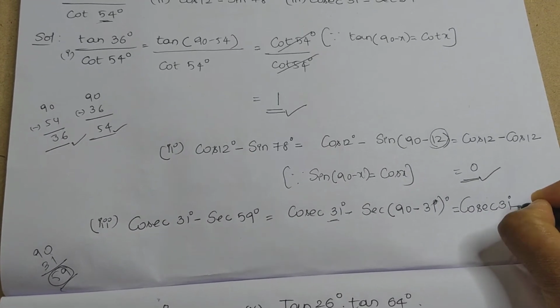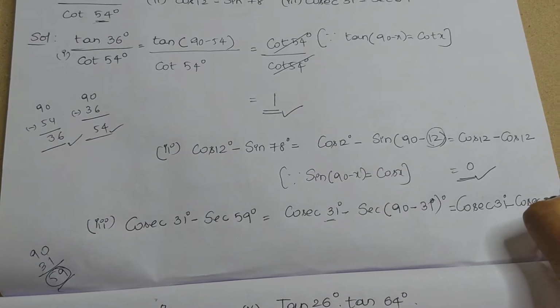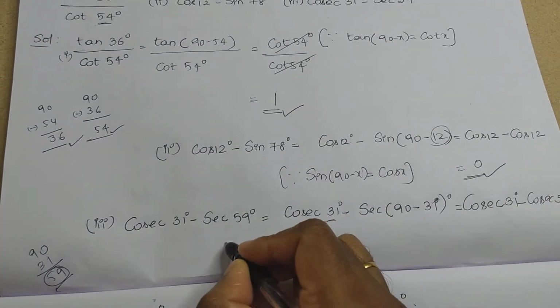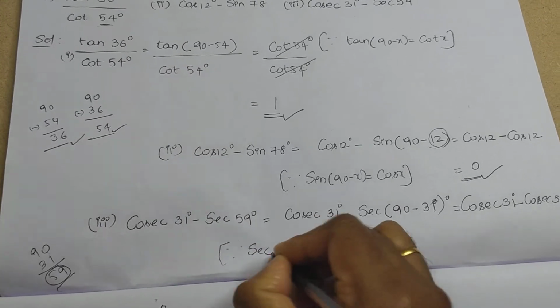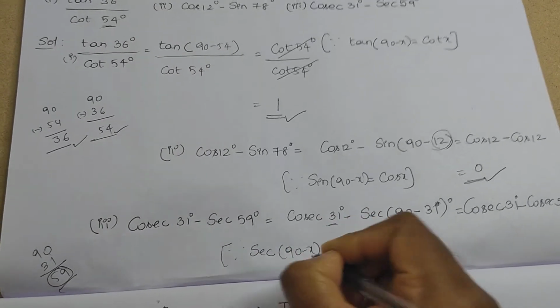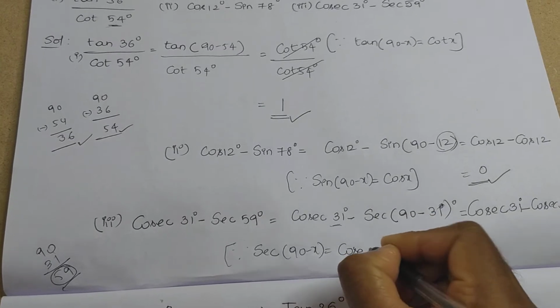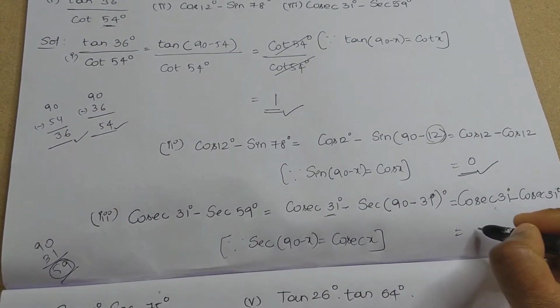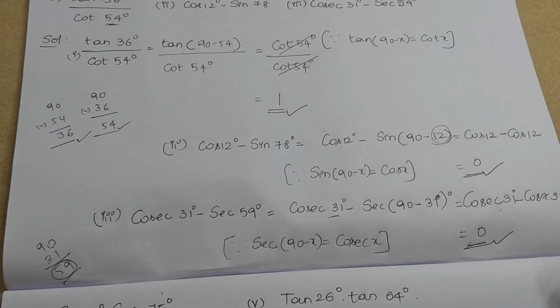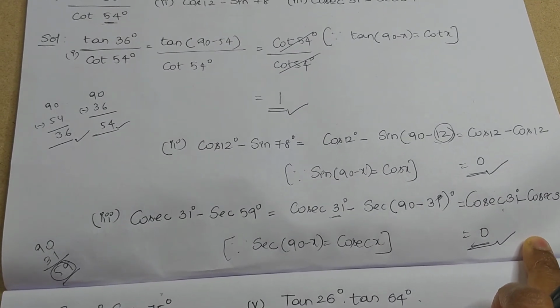Cosecant 31 degrees minus cosecant 31 degrees, in brackets, since secant of 90 minus x equals cosecant x. Okay, cosecant 31 minus cosecant 31 will be getting 0. So the answer for sub question 3 is also 0.